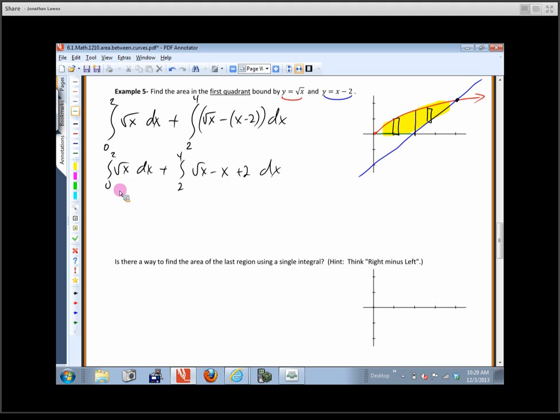Remember, this is going to be thought of as x to the 1/2. So I'm going to increase the exponent by 1, divide by the new exponent. So that's going to be 2/3 x to the 3/2, which if I were going to evaluate, I probably wouldn't write it that way. So let me write this up above here. I'm going to write 2/3 square root of x cubed evaluated from 0 to 2.